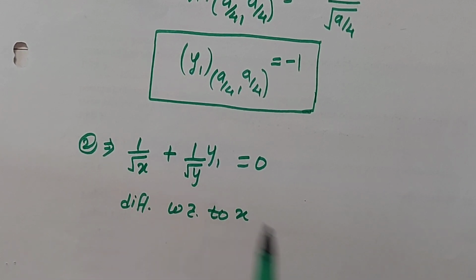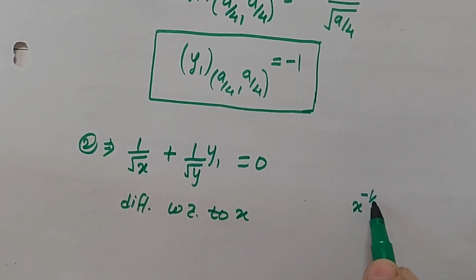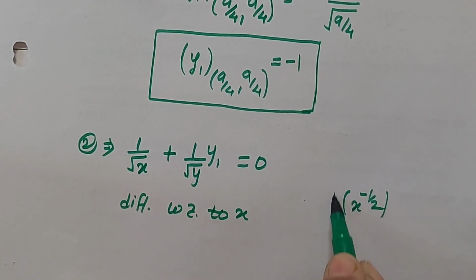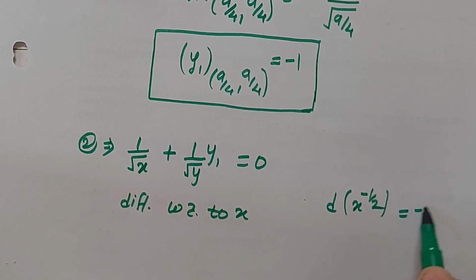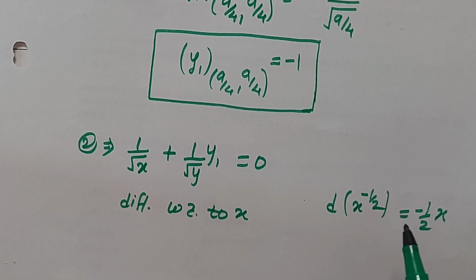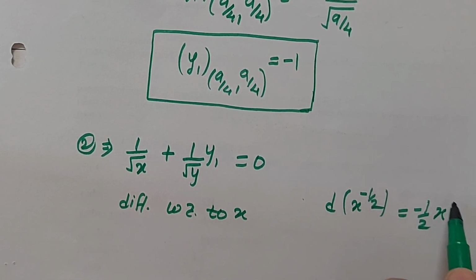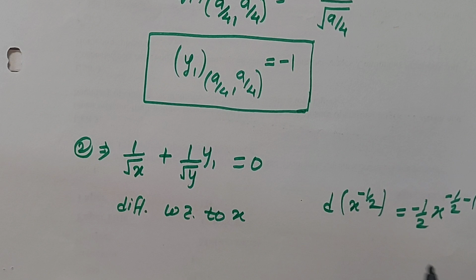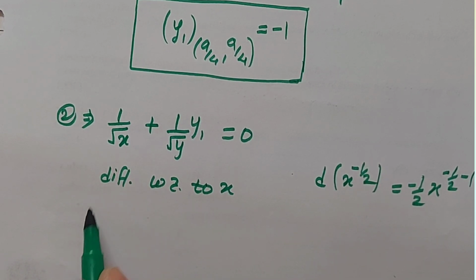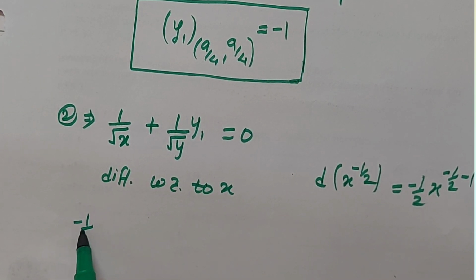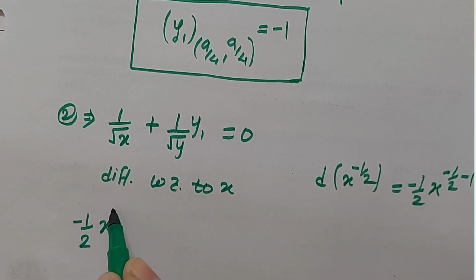If you don't know the derivative of this term, just shift this x to the numerator, then the power of this x is minus 1 by 2 and then differentiate this term. So here use the x raised to the power n formula, that is minus 1 by 2 x raised to the power n minus 1. Here the power is minus 1 by 2 minus 1, that means it is minus 3 by 2. So differentiating this term with respect to x, the derivative of the first term is minus 1 by 2 x raised to the power minus 3 by 2.